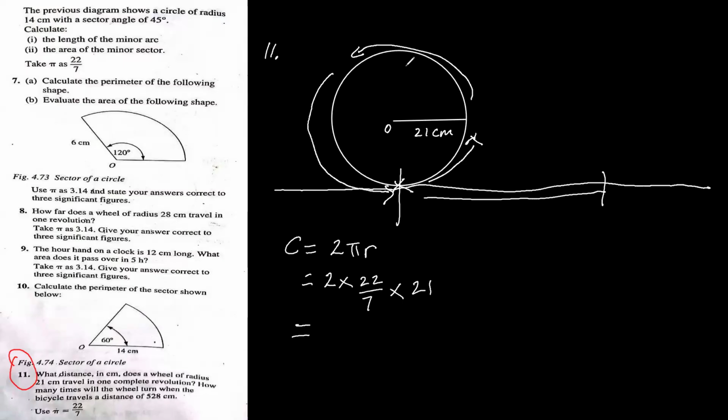Isaiah, you're sending the answer to the teacher privately, so only I would see it. Start with your fraction first, so 22 divided by 7, and then you multiply by the other things.